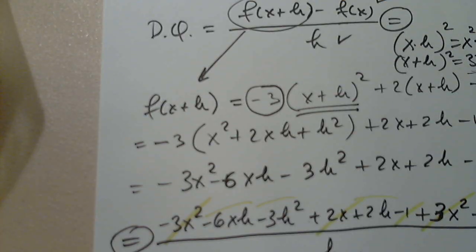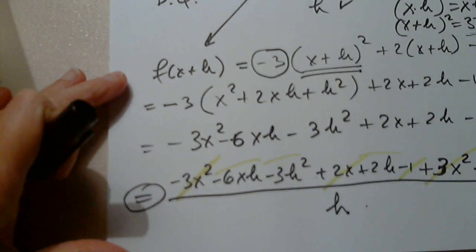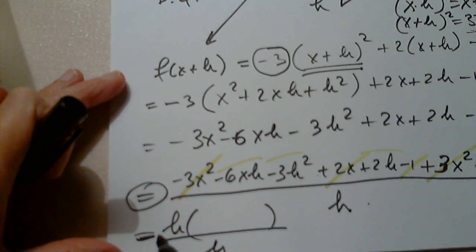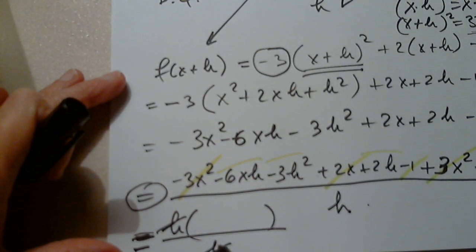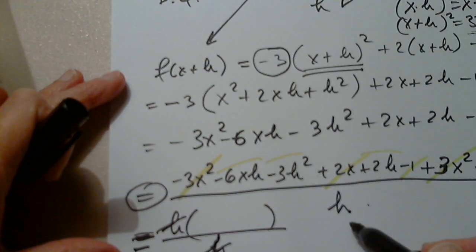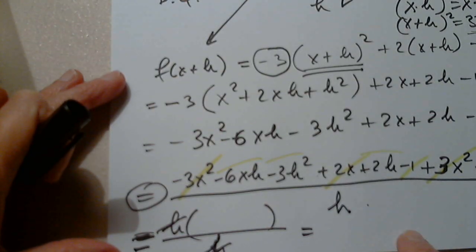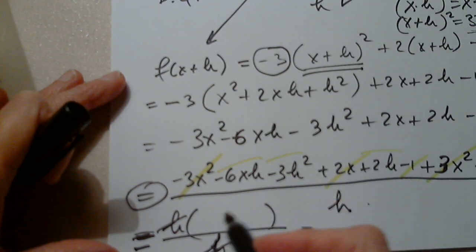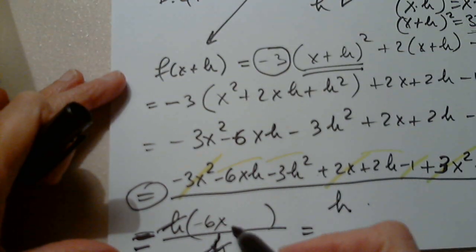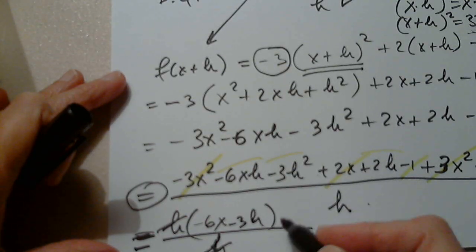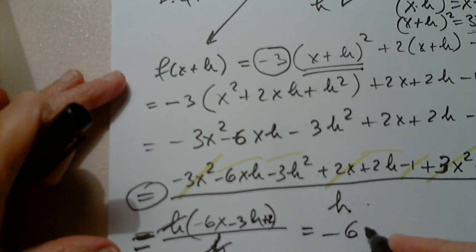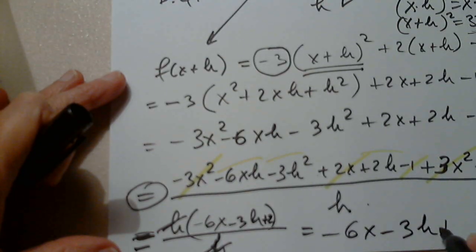So I factor out h. So then I can simplify with the h in the denominator. The final answer should still have h in it, but not this one from the denominator. So we have negative 6x minus 3h and plus 2.